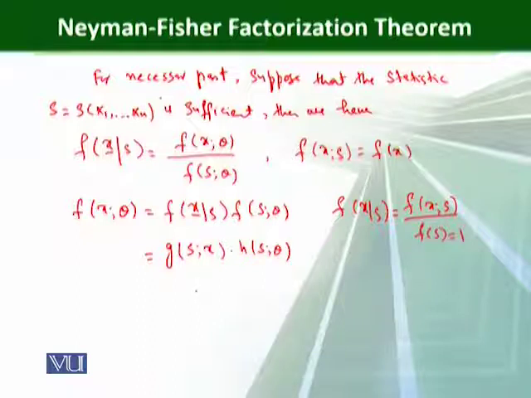So you can see that this part is free from theta, so we can write it as g of x into h of s theta. So as we have partitioned the joint distribution, the sample observation, into two components, one that contains theta and the other that is free of theta, the proof is complete for the necessary condition.